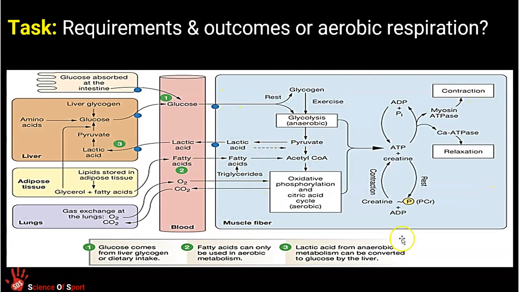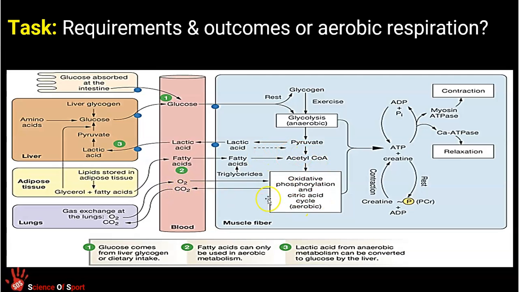So this blue area is where we make energy aerobically. We split down the glucose or glycogen to ultimately release energy. Don't worry too much about the detail of that. But this is where we use the oxygen and nutrients and fatty acids and glucose to make energy to keep our ATP supply going. And of course we produce CO2.